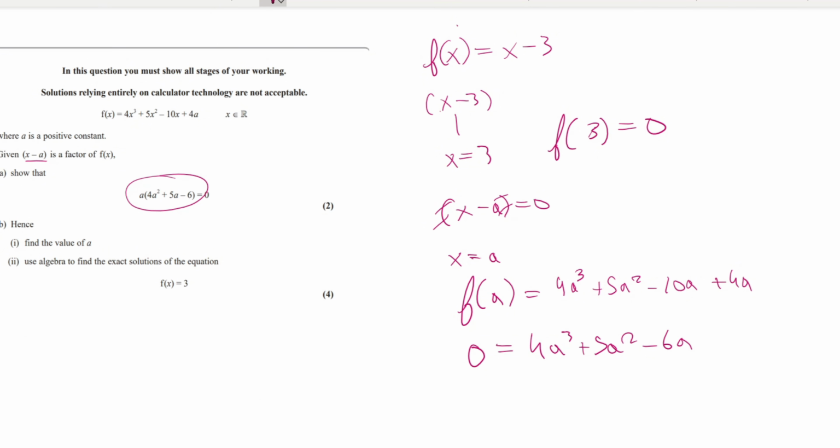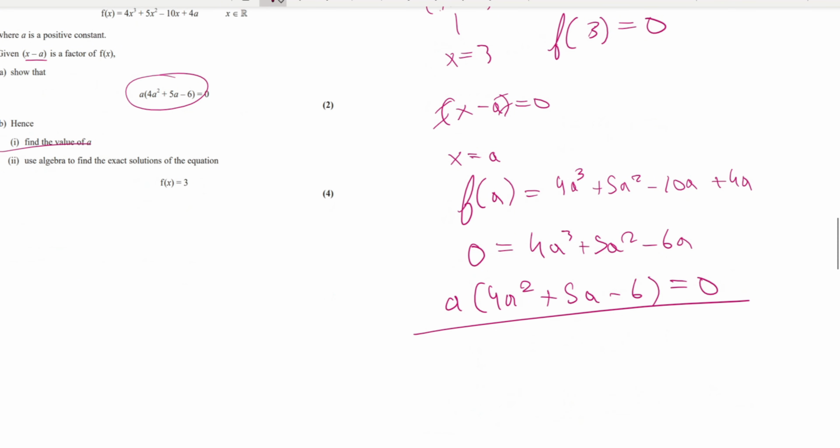Obviously we have to prove this, so we can just take out the a, and now we're going to have 4a^2 plus 5a minus 6 is equal to 0, and now we have done the proof. Now let's go down to the second part of it, find the value of it. So we can just continue from here basically.